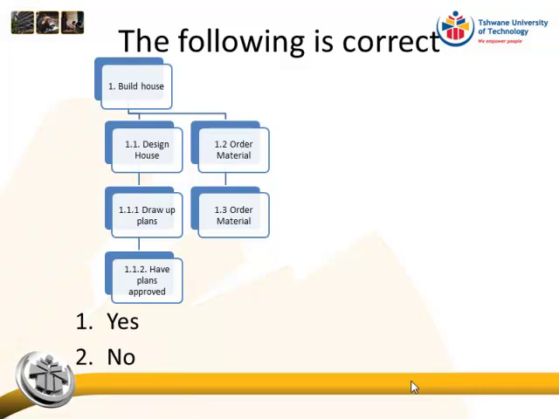Then what other mistake is there? Or is there any other mistake? All right, so Ivan, what is another mistake? Order materials twice. Okay, so you ordered the materials twice. Okay, and so this task is unnecessary. So even if this was 1.2.1, it would still be unnecessary.